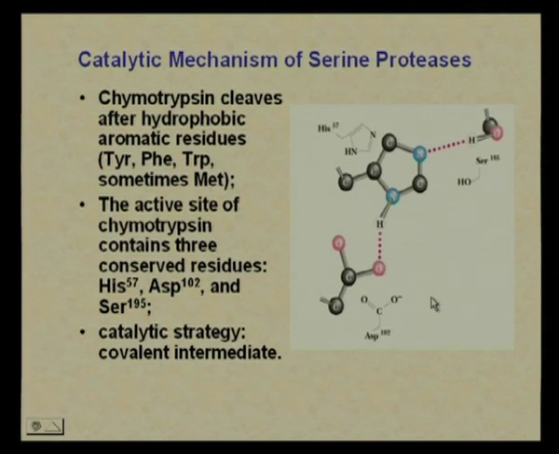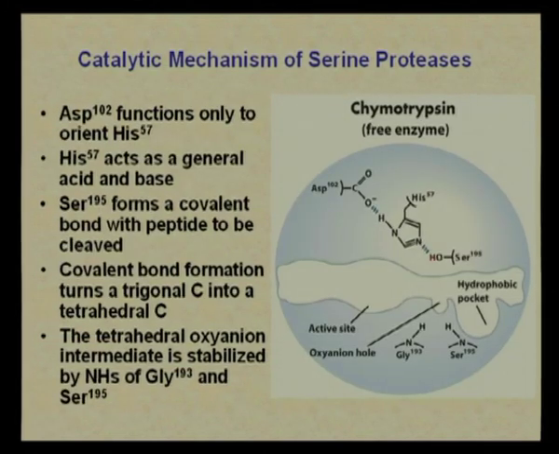Okay? In the serine proteases, we have a catalytic triad that is composed of a histidine, a serine and an aspartic acid. Okay? Now, each of these residues in the triad is going to have a specific role. Okay? And this is what we have to understand.